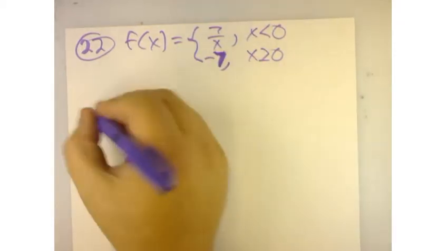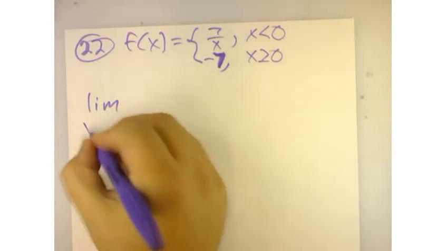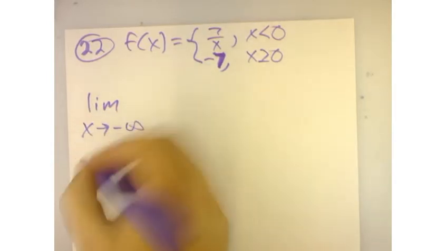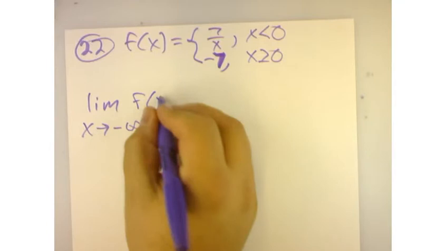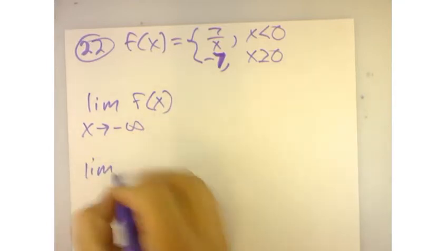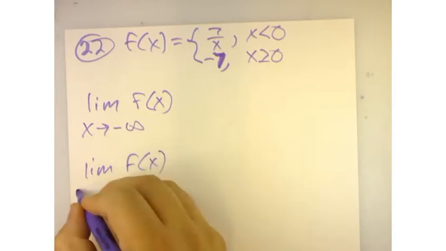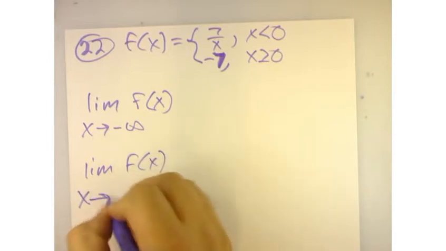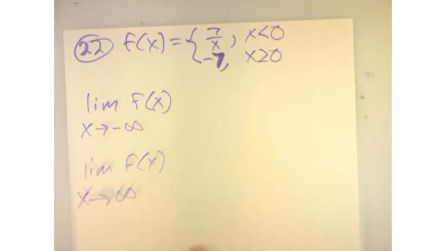So we've got to find the limit as x approaches negative infinity of f of x. We've got to do the limit of f of x as x approaches positive infinity.